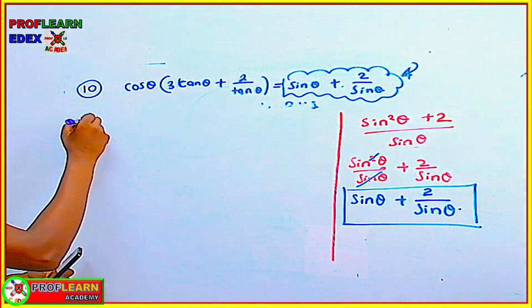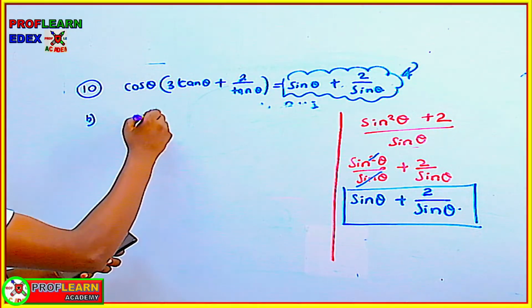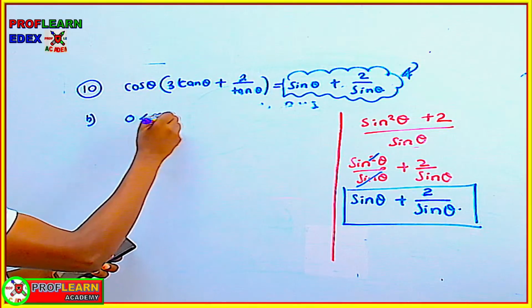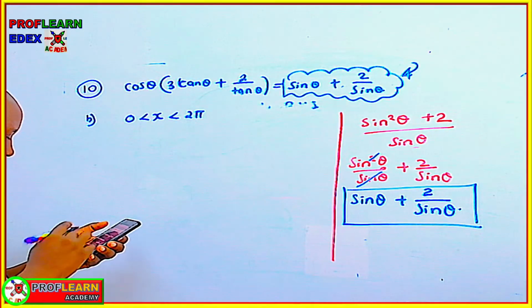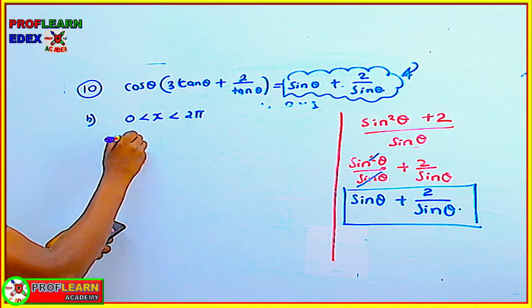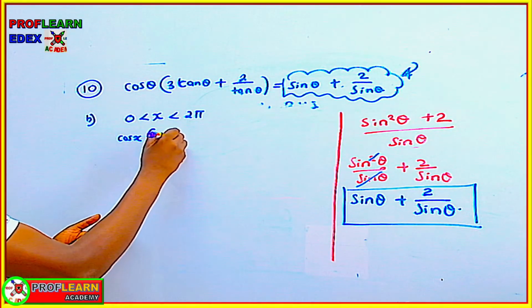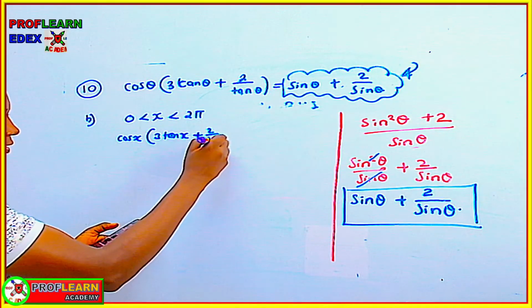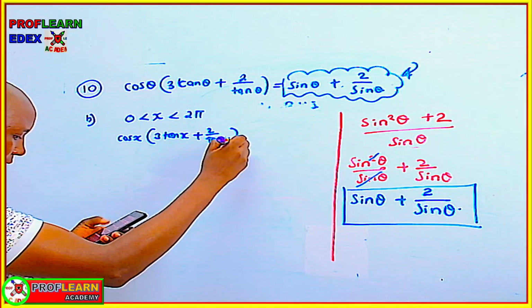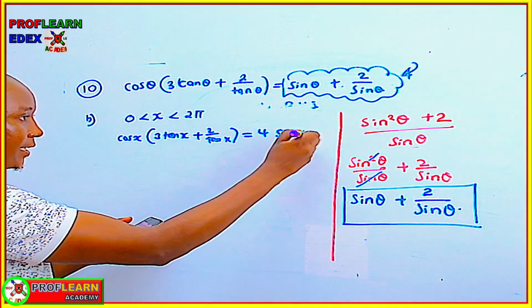So part B, we are supposed to solve between x greater than 0 and less than 2 pi, the expression cos x into 3 tan x plus 2 over tan x is equal to 4 sin x minus 5.